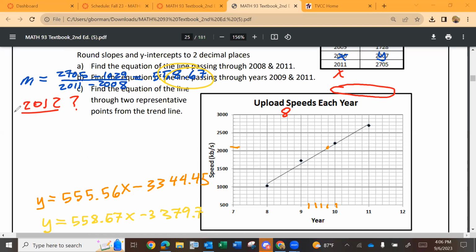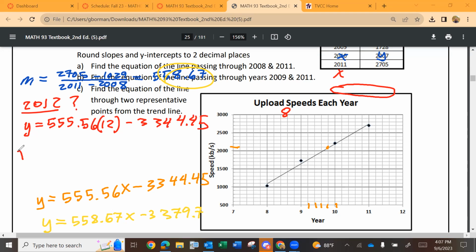I'll take this top one, and I would plug in 12 for X, because 2012 is year number 12, and the years are our X values. They are not the Y values. That's why I'm plugging in for X. In the next section, they'll give us the Y value. We'll plug it in for Y, and then we'll solve for X.